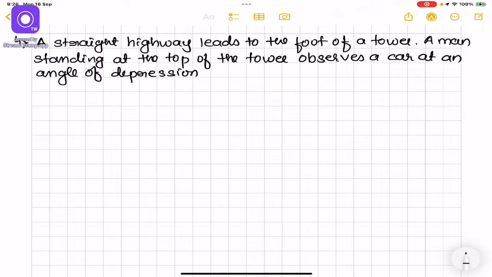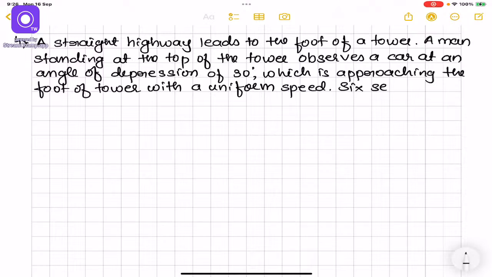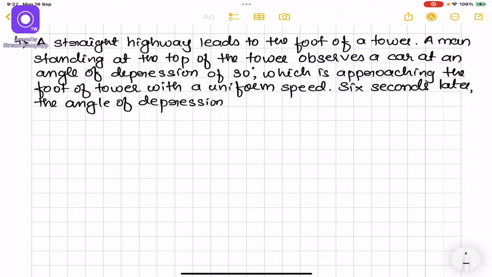angle of depression of 30 degree, which is approaching the foot of the tower with a uniform speed. 6 seconds later, the angle of depression of the car is found to be 60 degree.